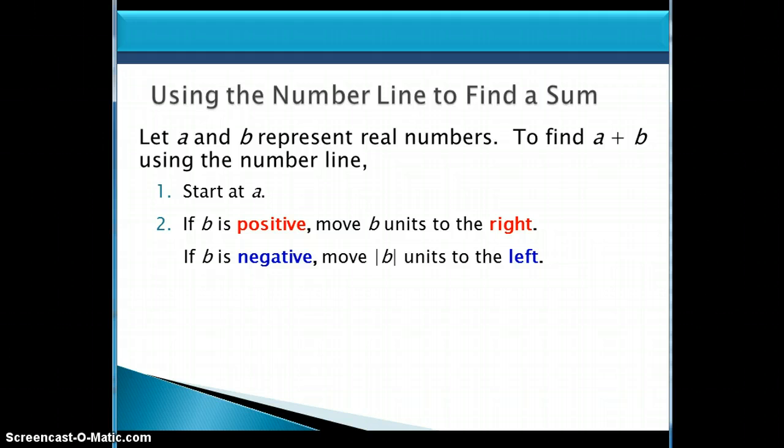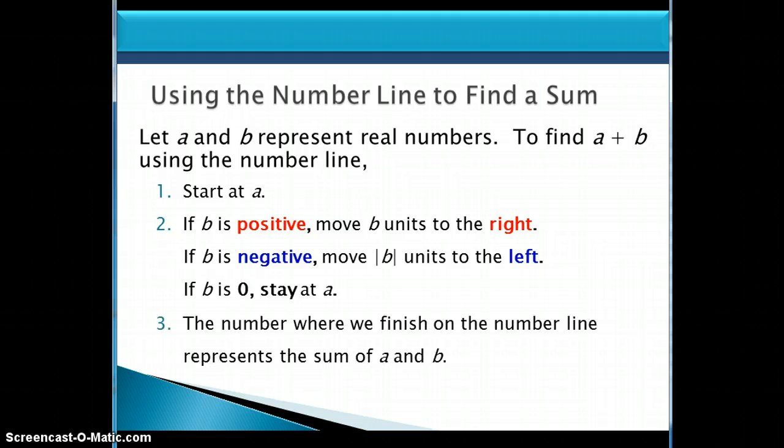If B is negative, then we'll move the absolute value of B units to the left. And if B is 0, of course, we'll just stay at A. Then our last step is that the number where we finish on the number line represents the sum of A and B, or the result of A plus B.